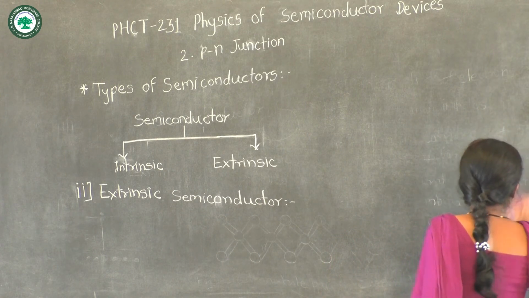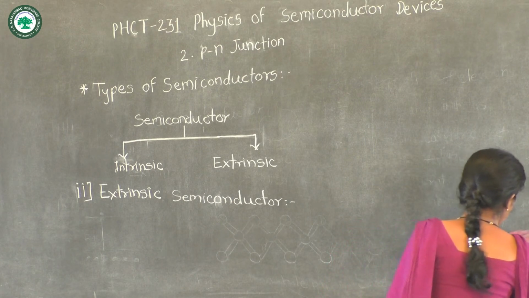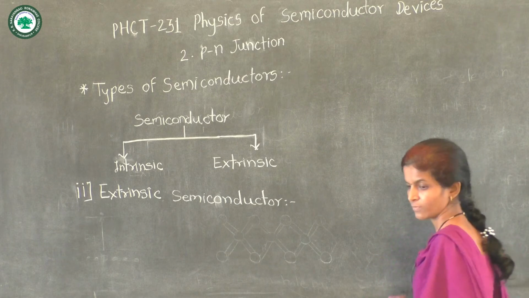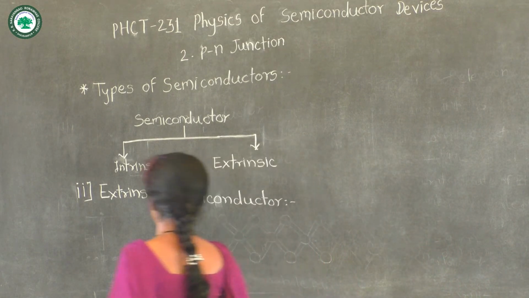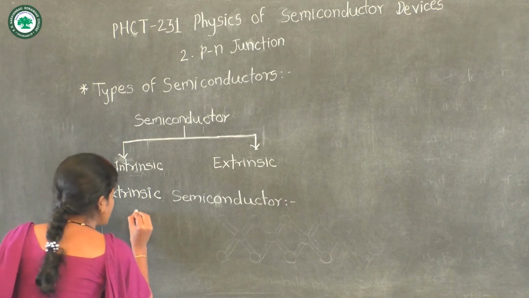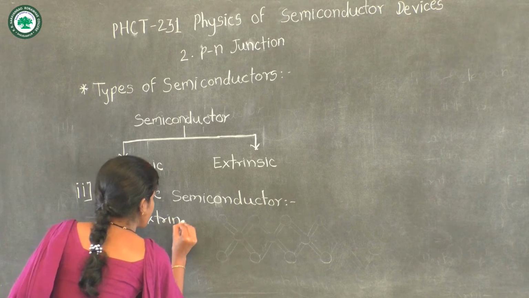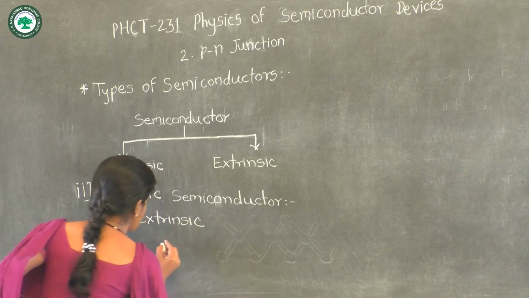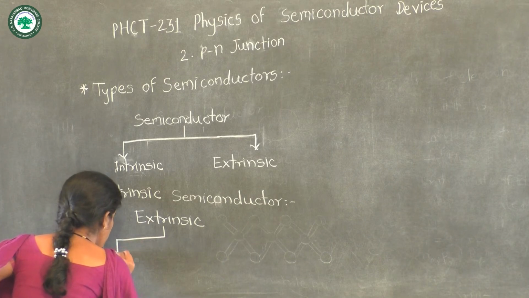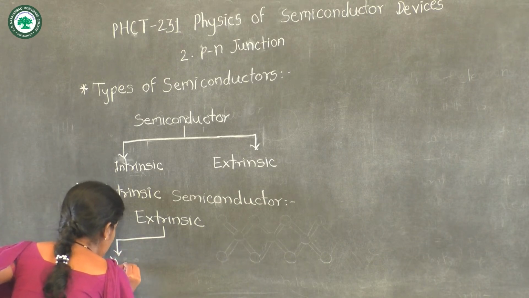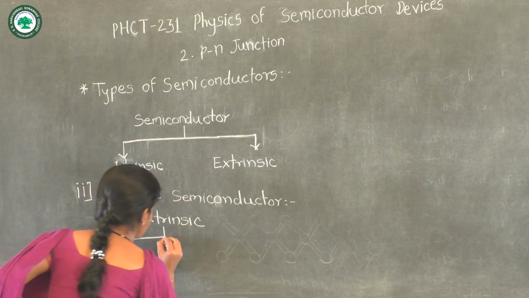First is N-type semiconductor and second is P-type semiconductor. So extrinsic semiconductor gets divided into N-type semiconductor and P-type semiconductor.